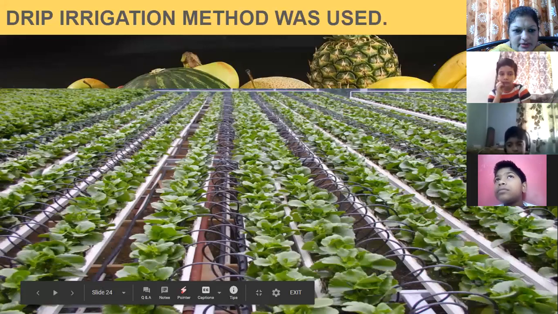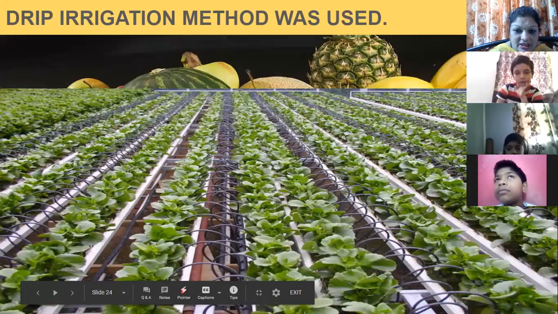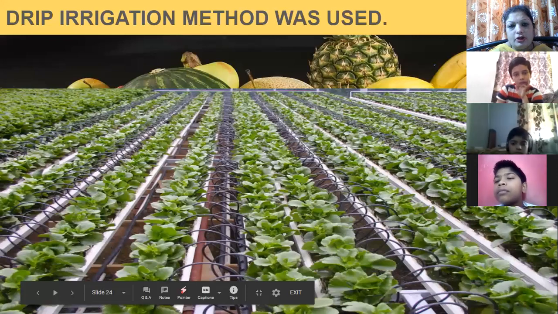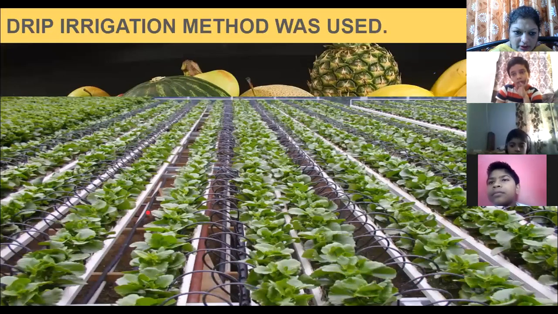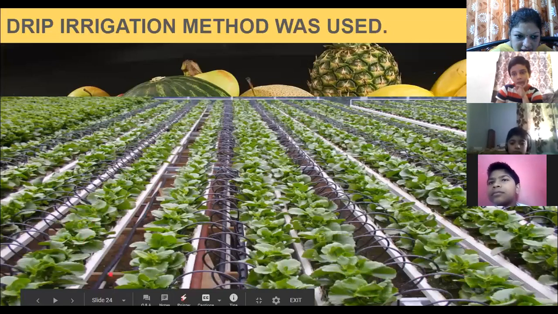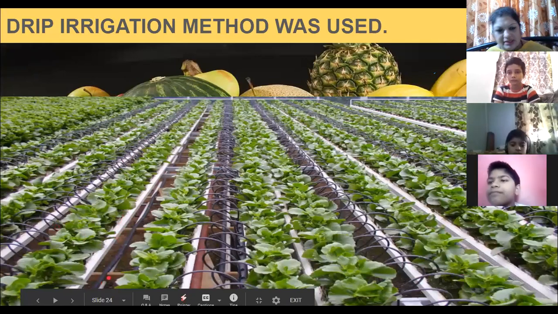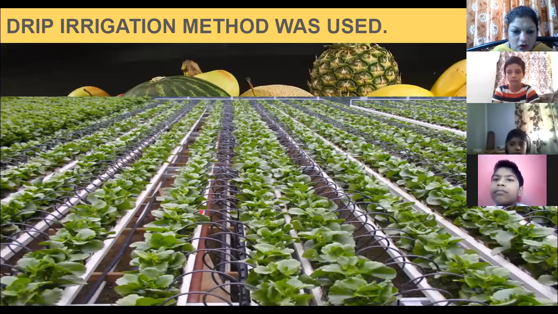You know why these pipes are being laid? These pipes are being laid to give water to the crops. These pipes have holes, and through the holes the crops are given water. So what will happen? Because of this, there is no wastage of water.